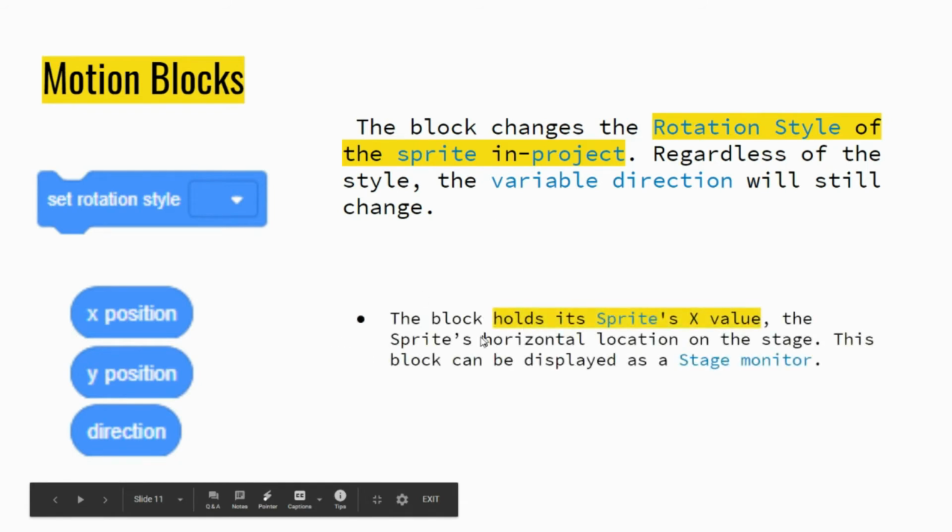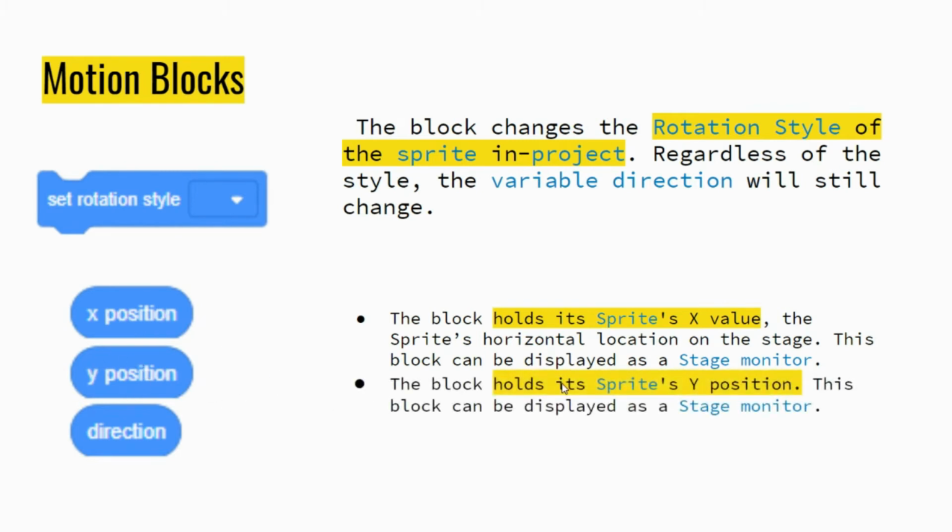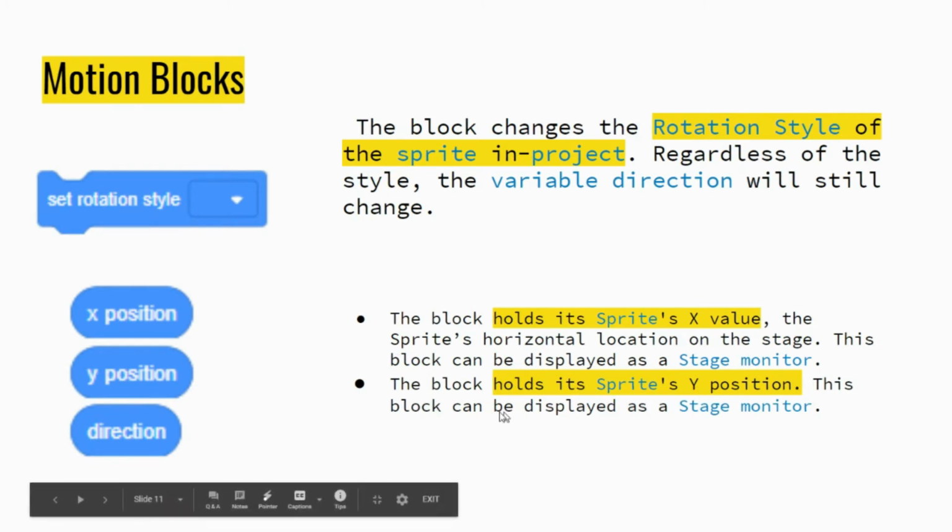The X position block holds the sprite's X coordinate, the Y position block holds the sprite's Y position, and these blocks can be displayed as a stage monitor.